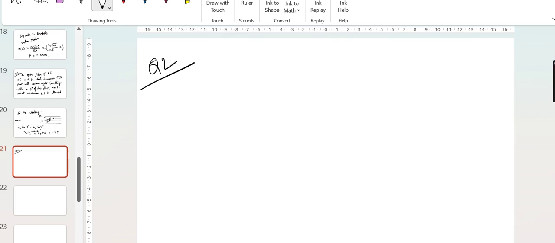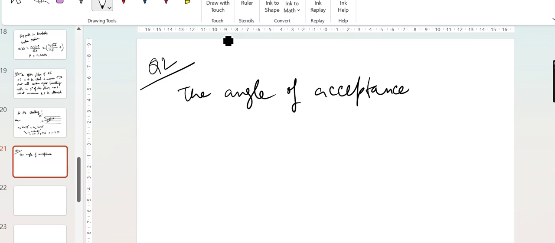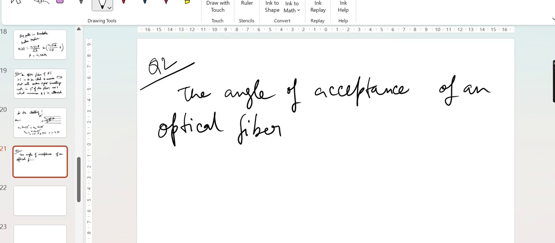Question number 2: the angle of acceptance of an optical fiber is 30 degree when kept in air.